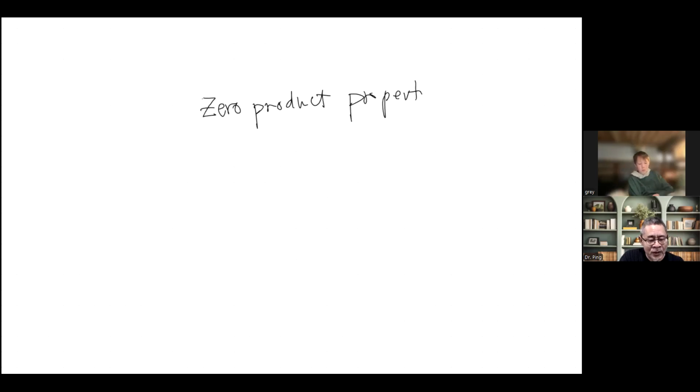Okay. Now with that, we'll get into a rule in algebra called the zero product property, which says something pretty simple.